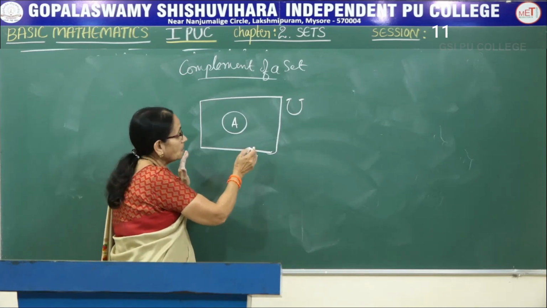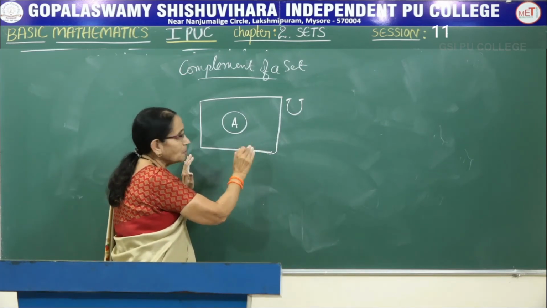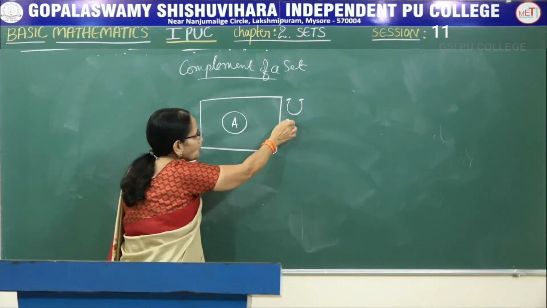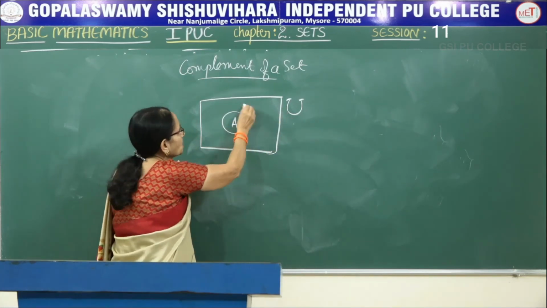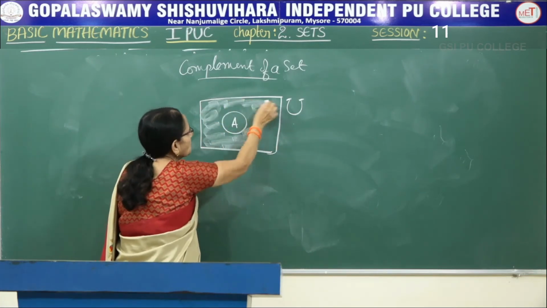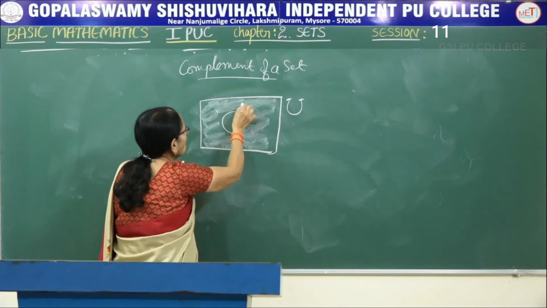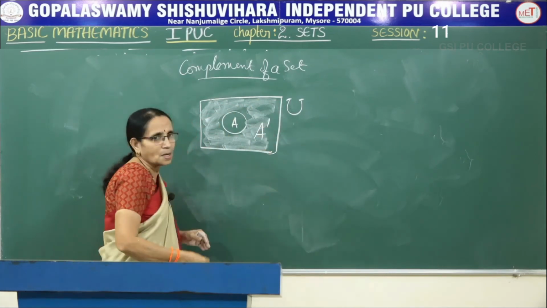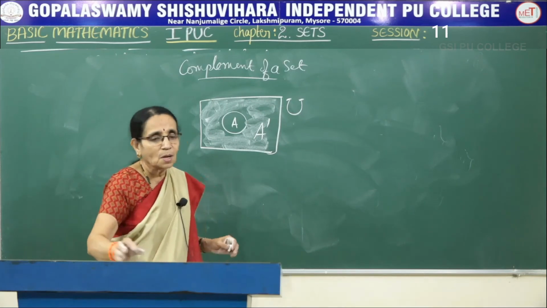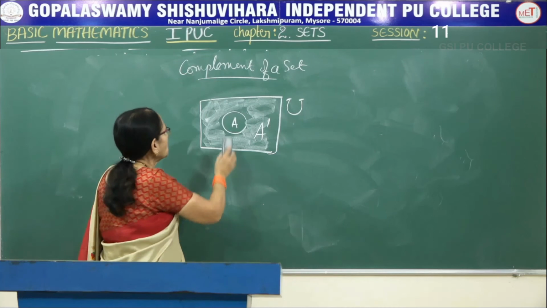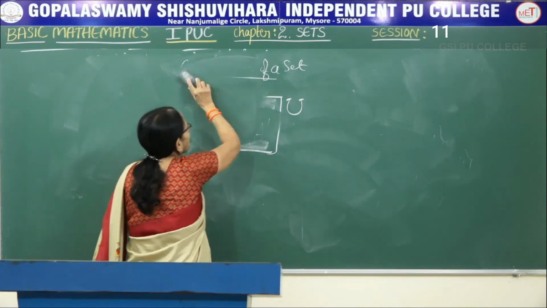Now A dash, the complement of A, is the set containing the elements of U which do not belong to A. That means outside this one, the shaded portion. If you shade the other portion, omitting the set A, this becomes A dash. So the shaded portion will always denote the complement of the set A, which is denoted by A dash.